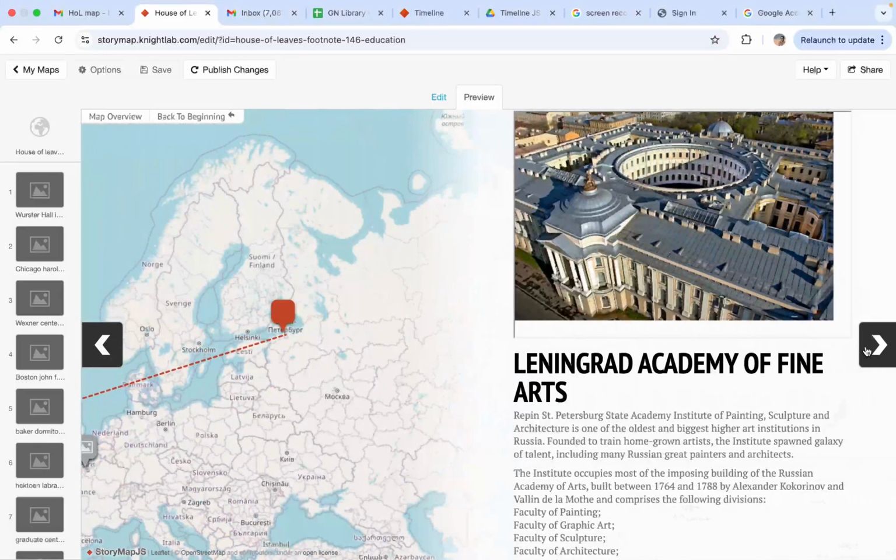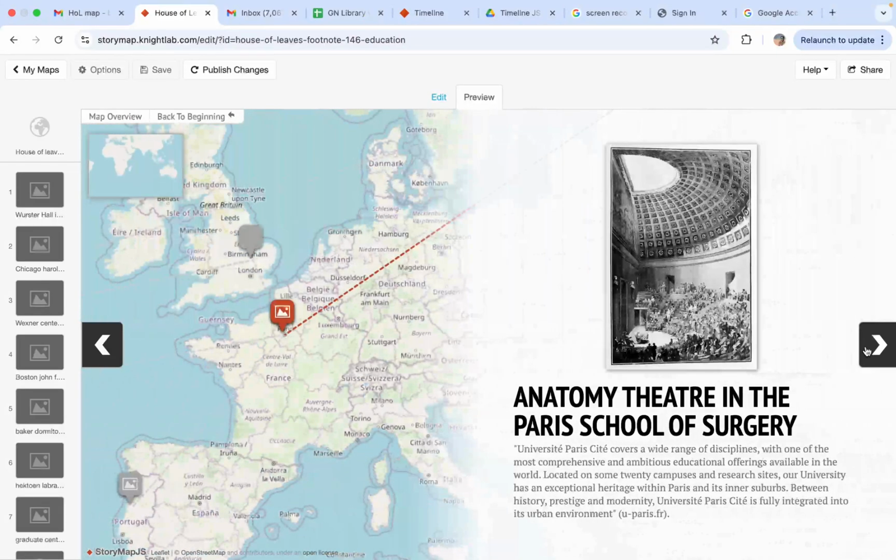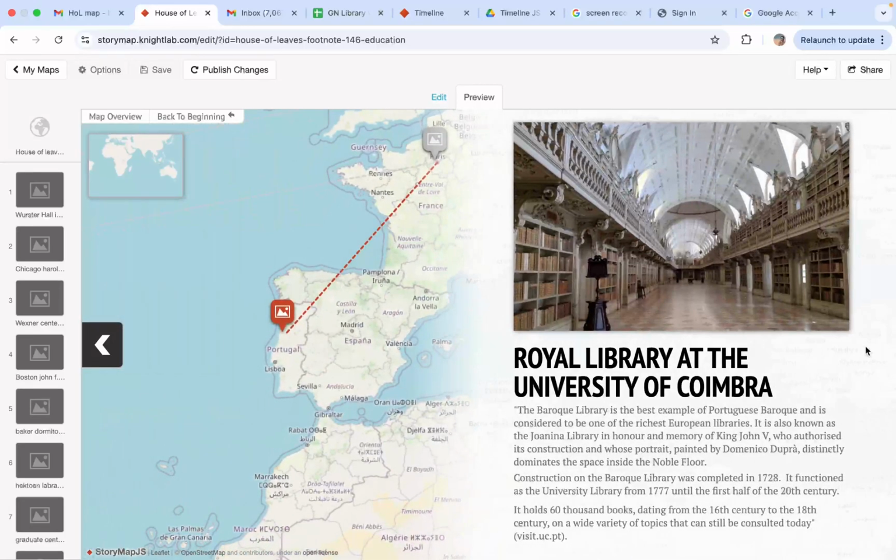Let's move on to Leningrad Academy of Fine Arts. I believe the academy changed its name. Anyways, what's ironic about this is the footnote was saying that this corridor or labyrinth that appears in this house in House of Leaves doesn't resemble any of these things.